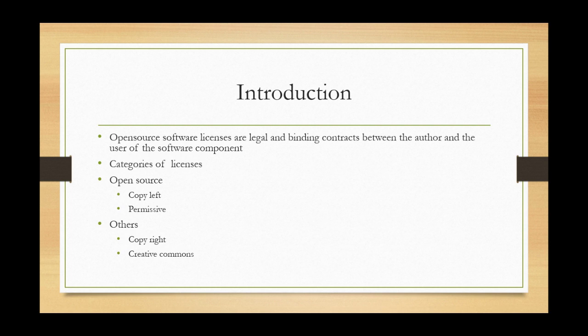For open source licenses, we have two categories: the copyleft licenses and permissive licenses. With other software and other creative works, we can have other types of licenses like copyright licenses and Creative Commons licenses. In the next slide, we'll be explaining what these categories mean.